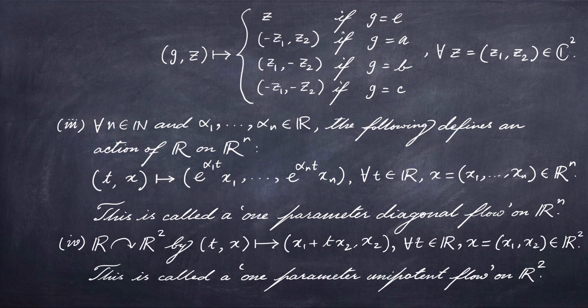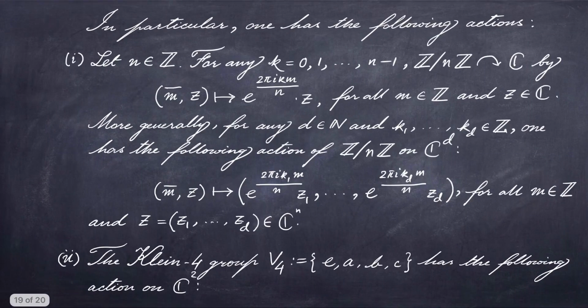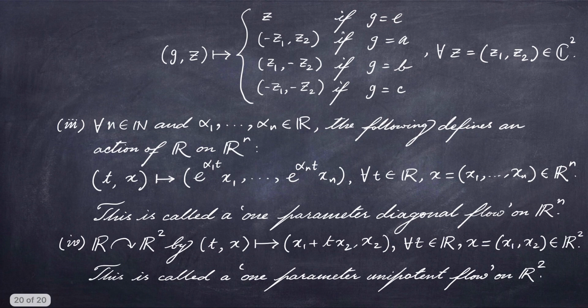All right, so these are the actions of the cyclic groups. Now we will finish this lecture with the following actions of the group of real numbers. So fix real numbers alpha 1 up to alpha n.